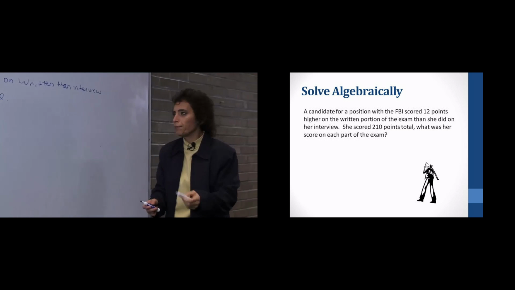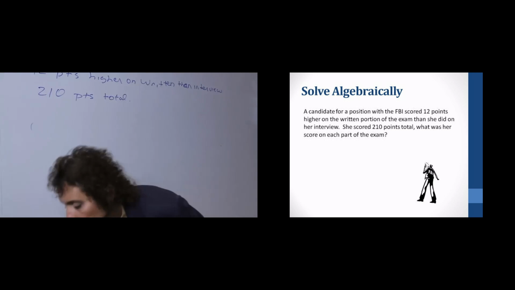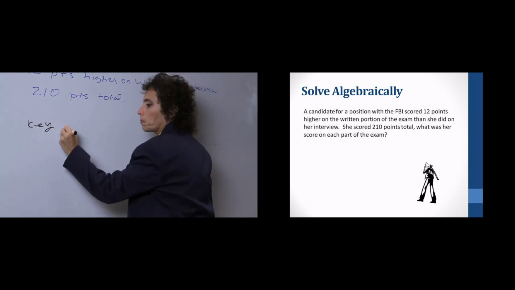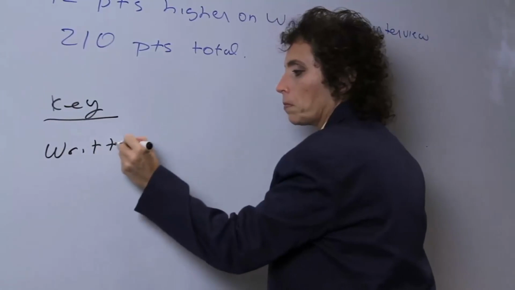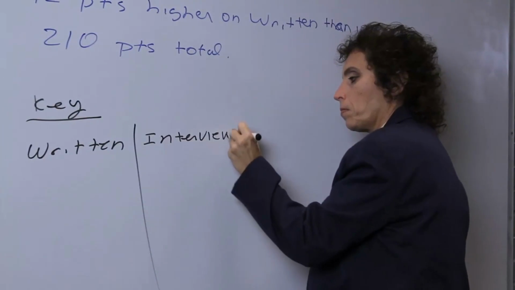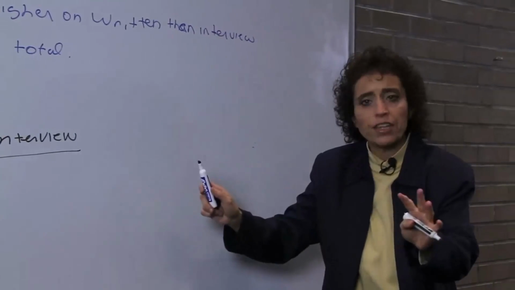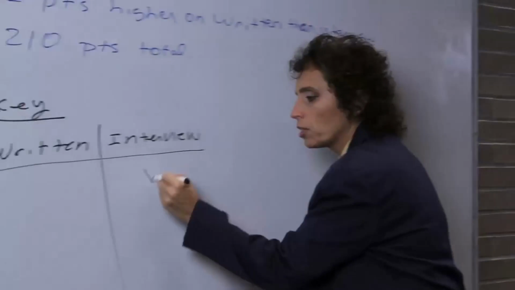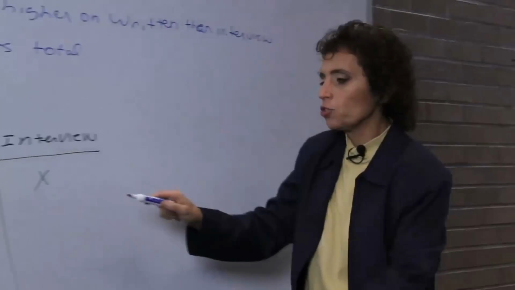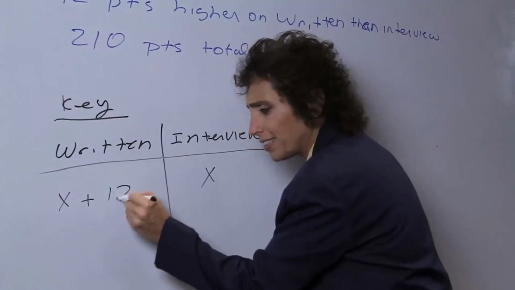Well, what did you use in your key? We have the written and we have the interview, so that's the key, written and interview. You had 12 points higher in the written, so they're telling me nothing about the interview, so I'm going to make the interview points X. But I know I have 12 more points on the written, so I'm going to do X plus 12 or 12 plus X, it does not matter.